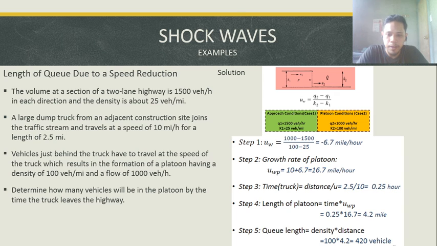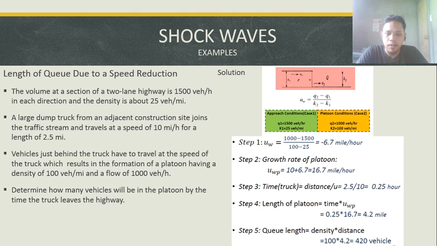So step 1, finding the speed of the shock wave. Substituting all the given items results in negative 6.7 miles per hour. So the speed of the shock wave is negative 6.7 miles per hour.